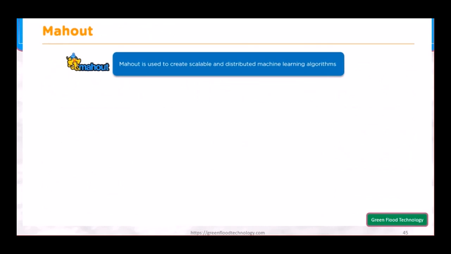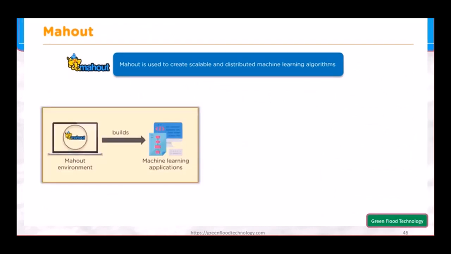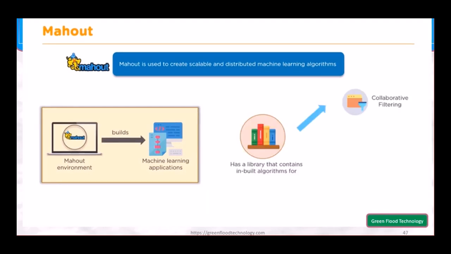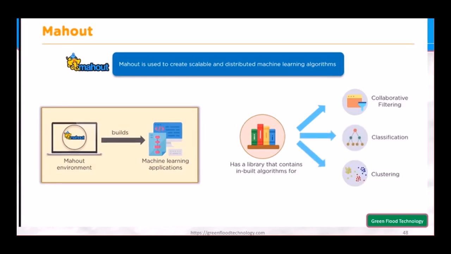It performs collaborative filtering, clustering, and classification. It provides a command line to invoke various algorithms, and also has a predefined set of libraries which already contain different built-in algorithms for different use cases. So this is the Hadoop ecosystem for analytics.